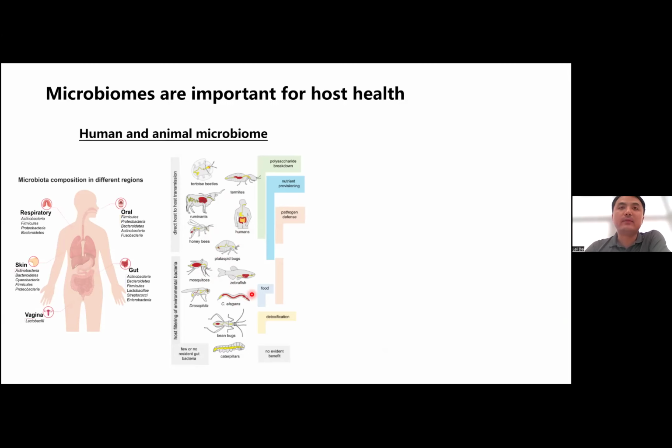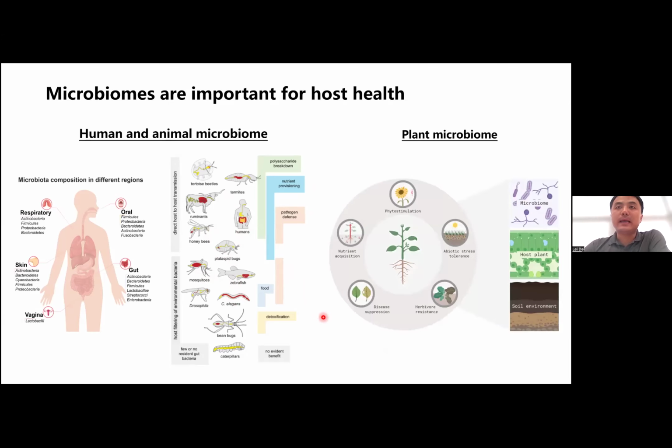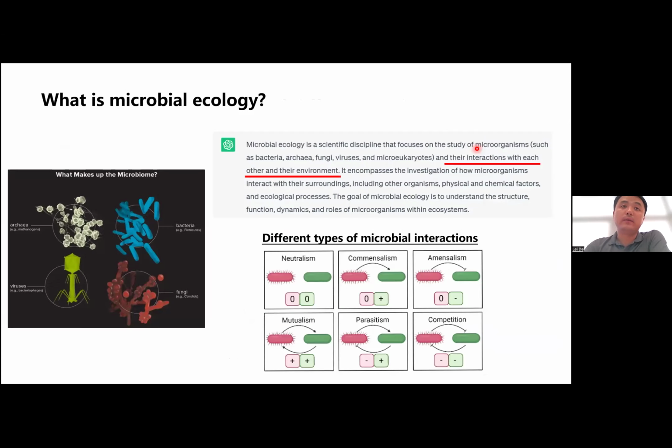A lot of animals have commensal bacteria which provide important functions such as breaking down polysaccharides, defending the host from infection by pathogens, and detoxification, just to name a few. For plants, the microbes residing on the leaves and close to the roots provide important functions. They help the plants deal with biotic and abiotic stresses. So it's really an interdisciplinary area where people coming from, for example, the biomedical fields and the agriculture field start to realize that microbes also play an important role for the eukaryotic host.